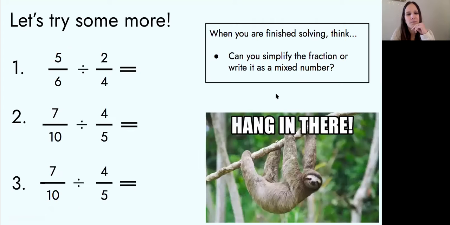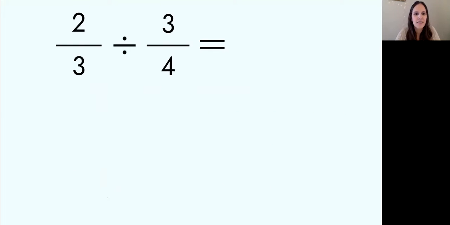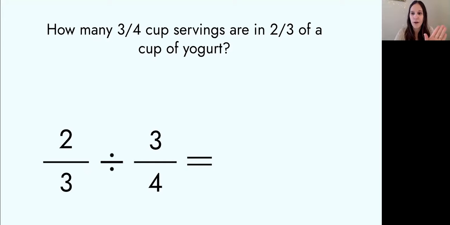Okay, so before we try some more fraction division problems, I would like to show you what I did hands-on to really understand this question, this dilemma with the yogurt. Because we have the answer, right? We know that the answer to this question is 8/9, but that didn't necessarily mean very much to me just going through those steps.